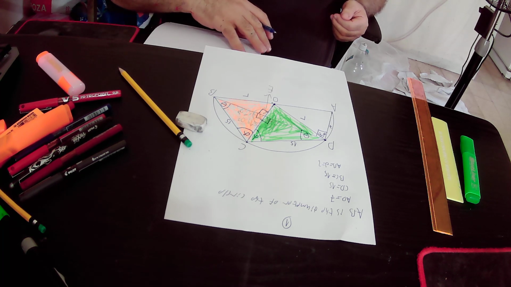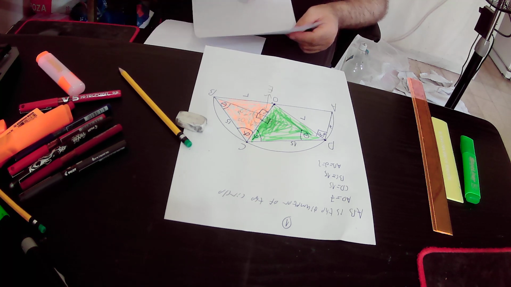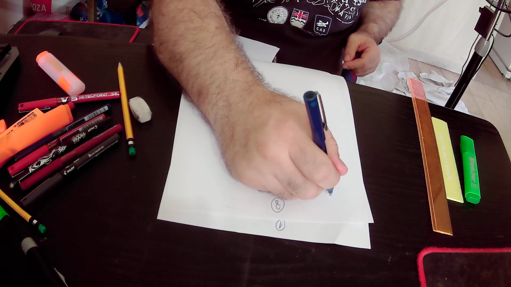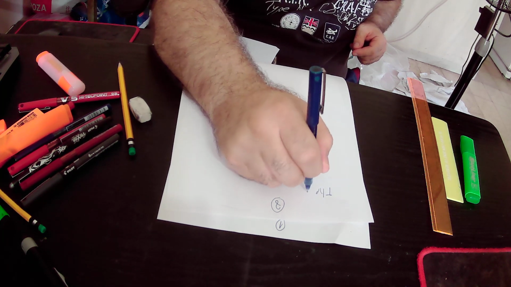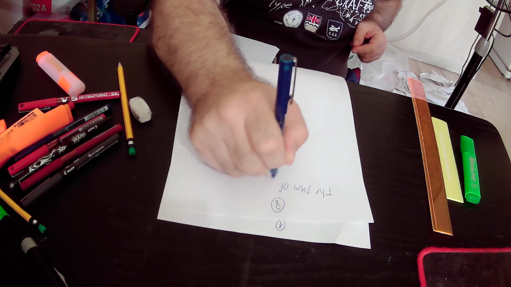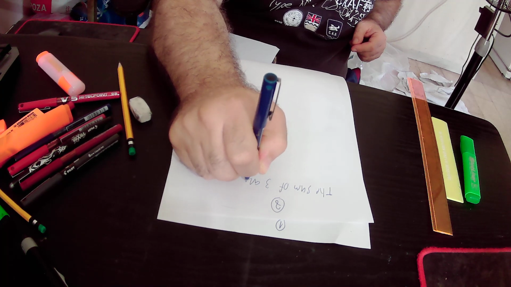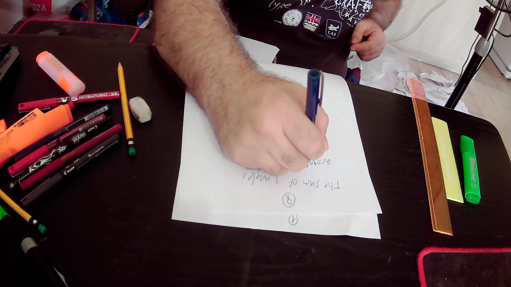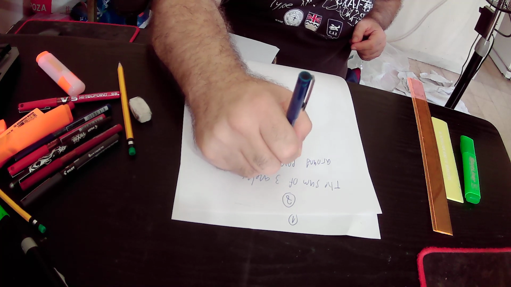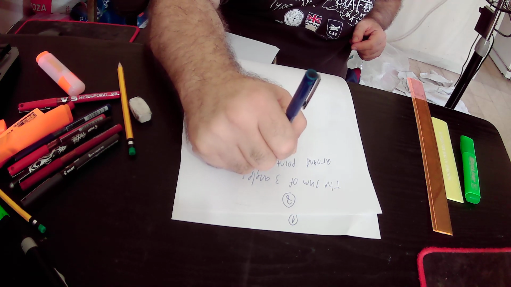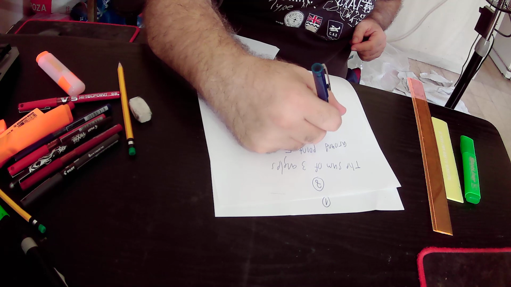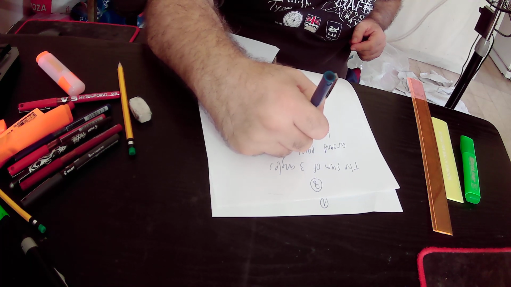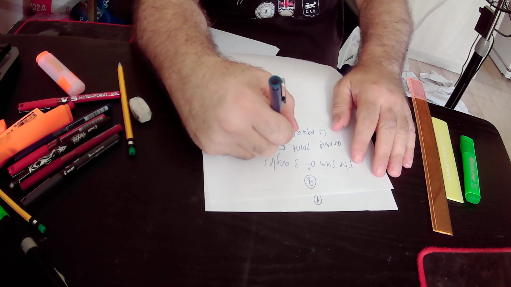So I will write it down. The sum of three angles around point E is equal to 270 degrees.